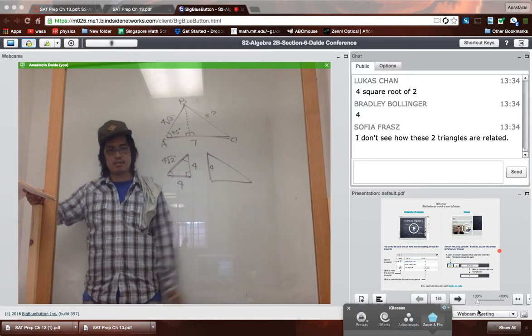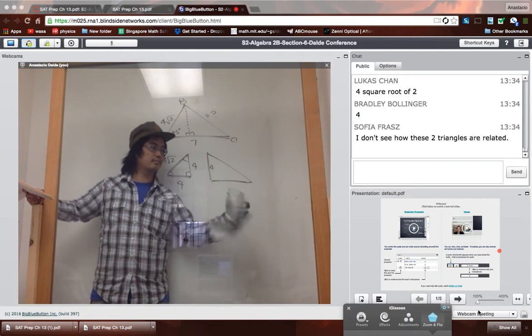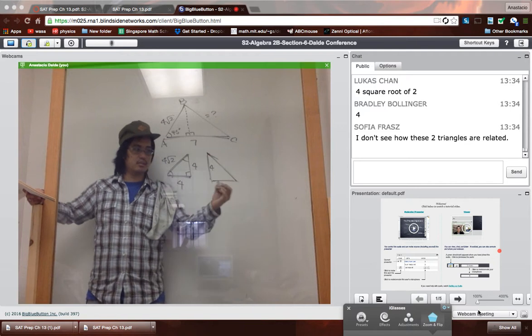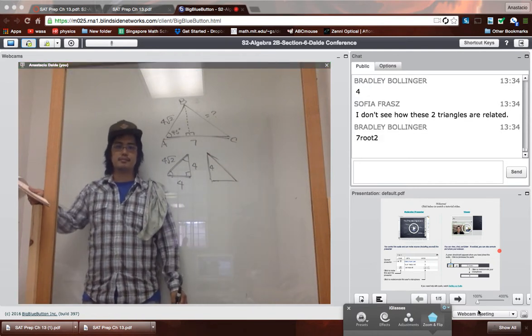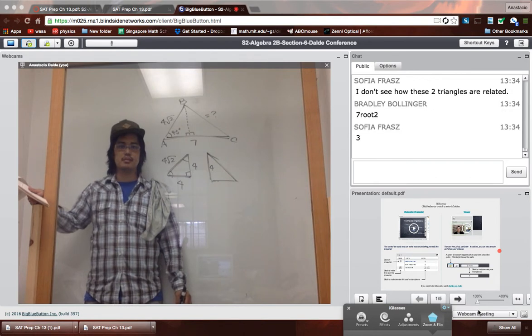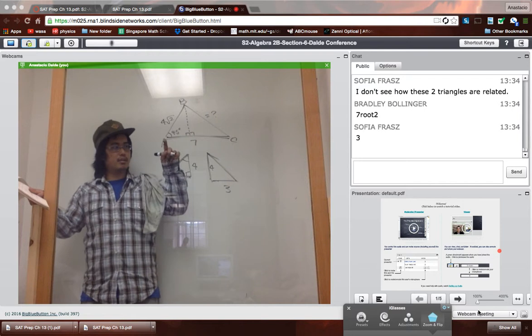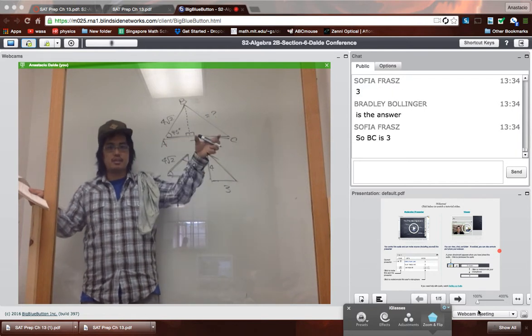This is the right-hand triangle. What is this right here on the bottom? Maybe I didn't draw it nicely. What is this length right here on the bottom? Oh, it's 3. Right? Because if the whole length on the bottom was 7 and then this part was 4, then this part was 3.